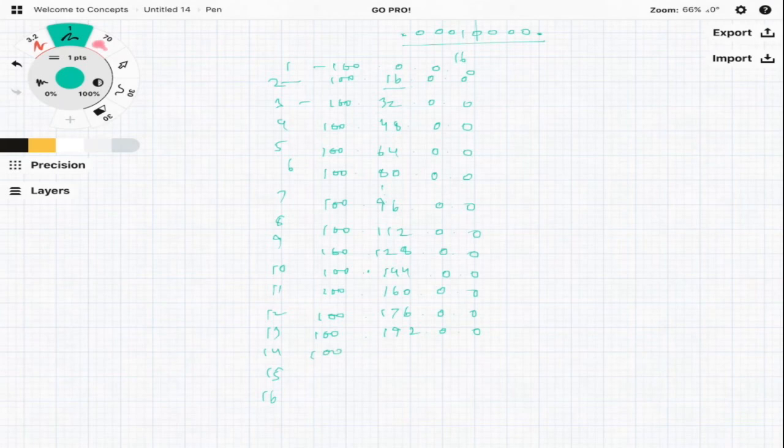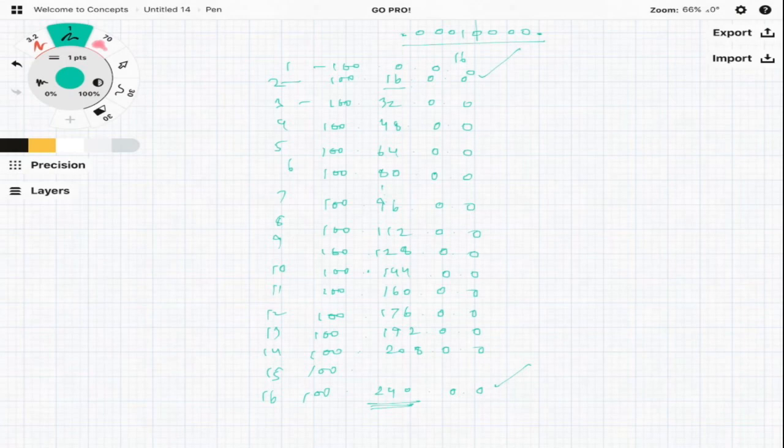The next is 100.208.0.0. The next is 100.224.0.0. The next is 100.240.0.0. So this is the last network address. We started from 100.0.0.0 and went to 100.240.0.0.